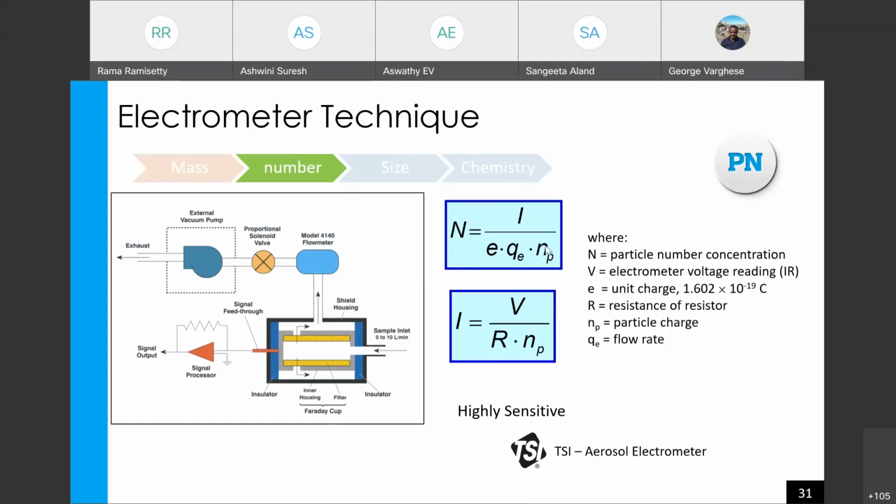Each particle carries a charge, either positive or negative, in the atmosphere. This charge can be detected easily by the Faraday cup, even femtoamperes of charge. It is a very standard method for calibrating condensation particle counters and other particle counters, but it is very, very sensitive. You have to use it very carefully, because very minor changes can change the results.